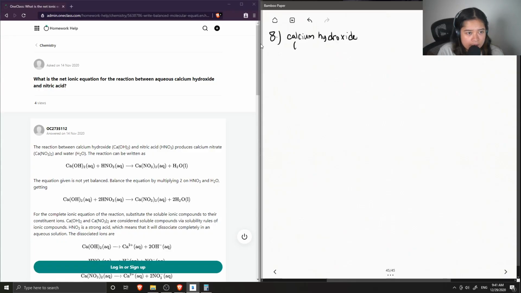So calcium is composed of Ca2+, and hydroxide is OH-. So when they come together, we have calcium and 2 OH- ions to form calcium hydroxide, and nitric acid is just HNO3.